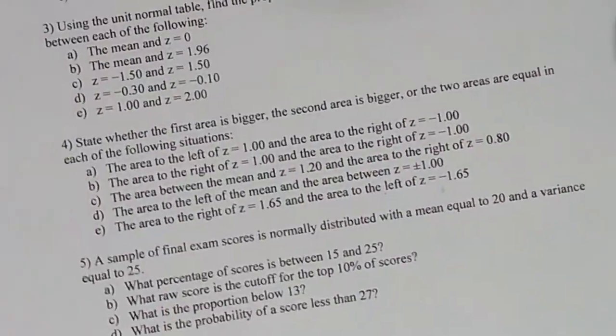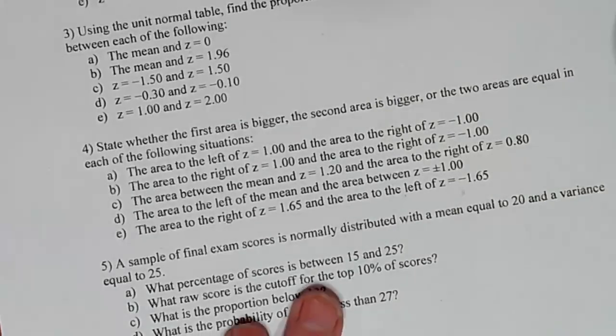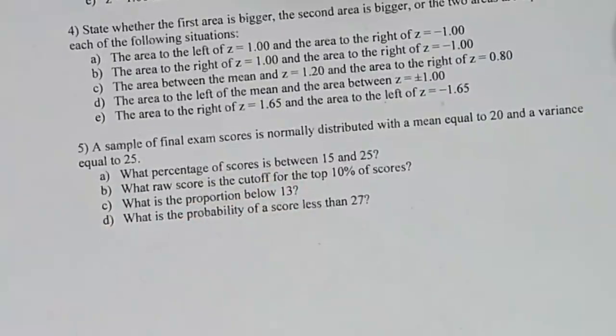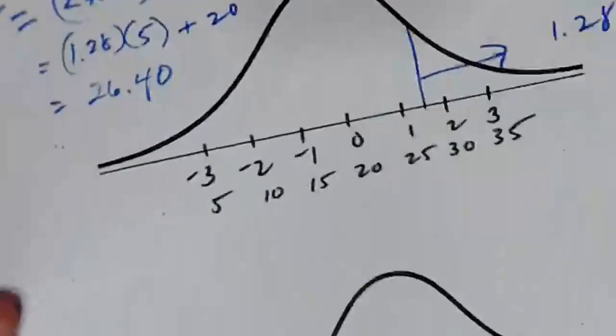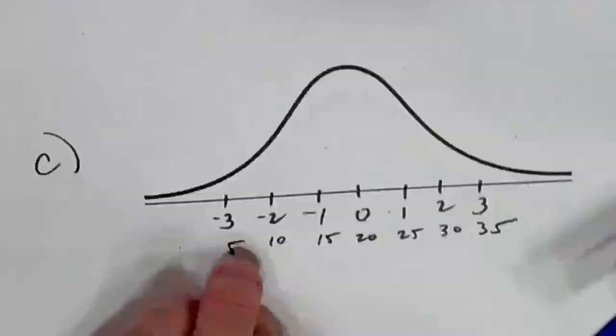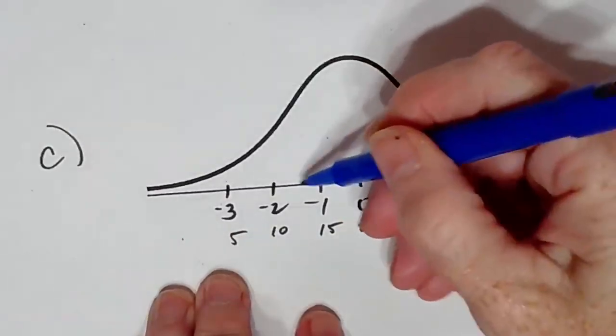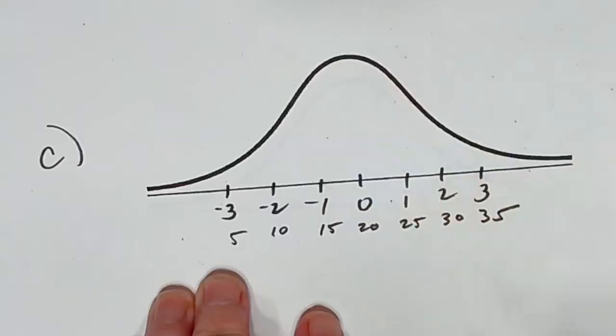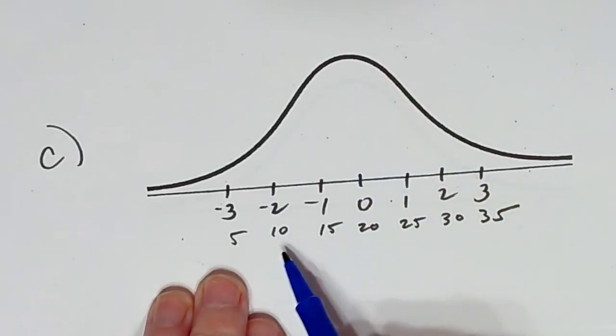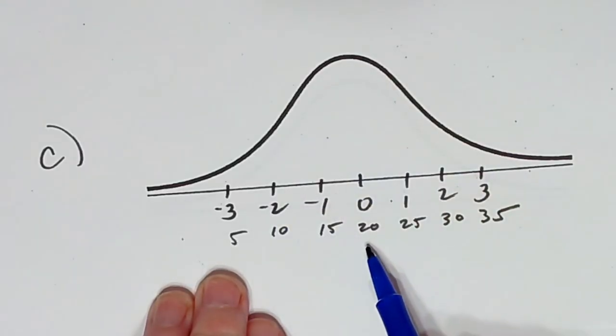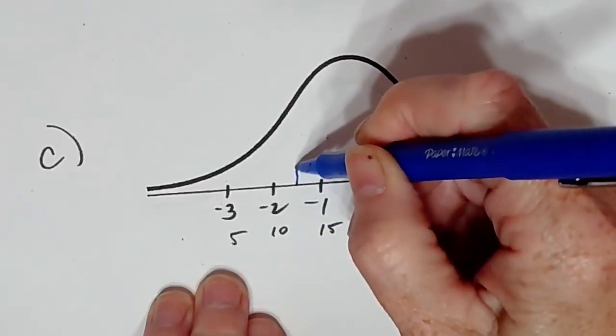Now C comes along and says, what is the proportion below 13? If you look up at C, 13 puts us over in the negative, because the mean is 20. So it's going to be somewhere around here.